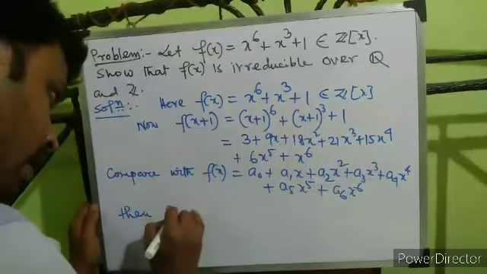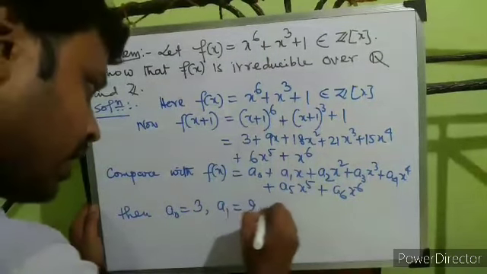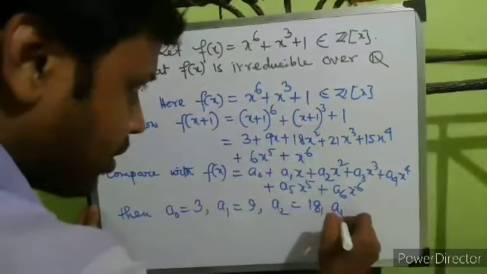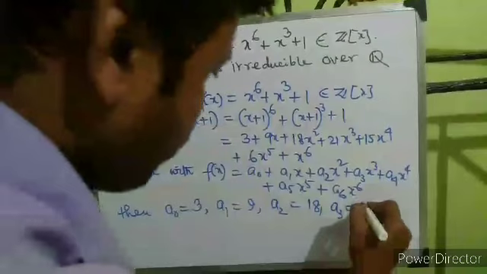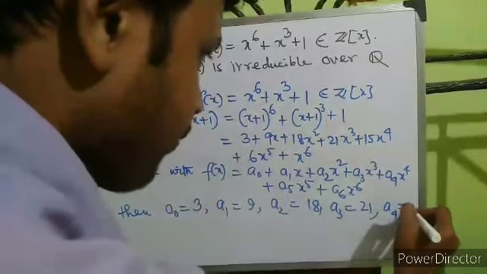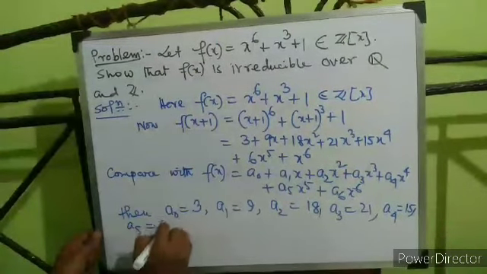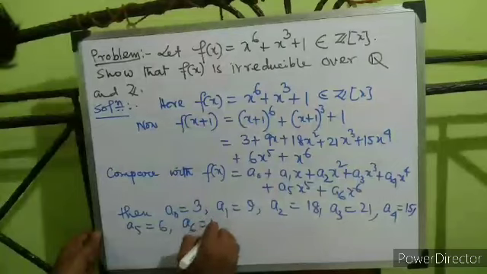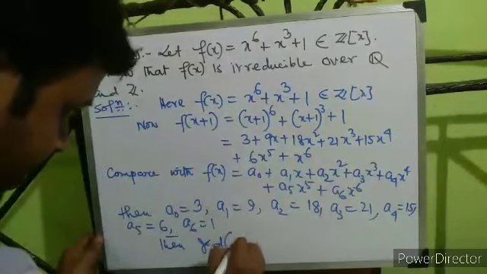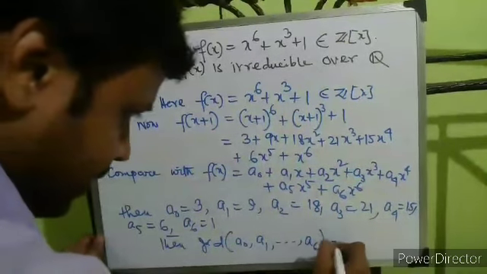Then a0 is equal to 3, a1 is equal to 9, a2 is equal to 18, a3 is equal to 21, a4 is equal to 15, a5 is equal to 6, and a6 is equal to 1. Then GCD of a0, a1, dot dot, a6 is equal to 1.